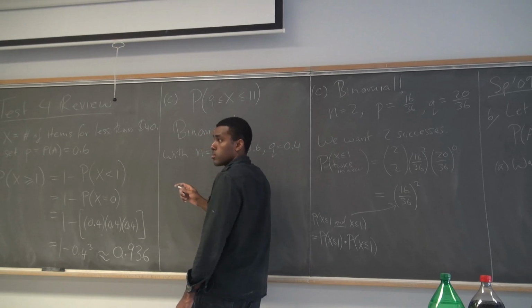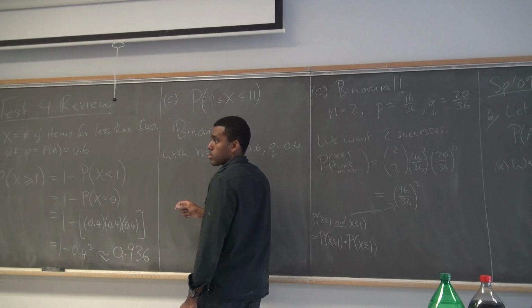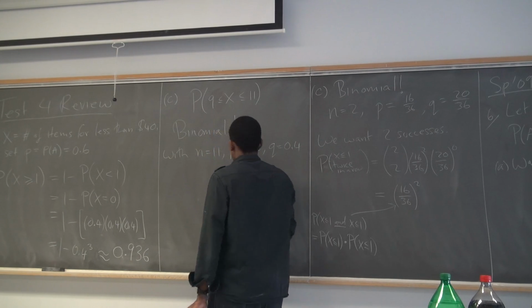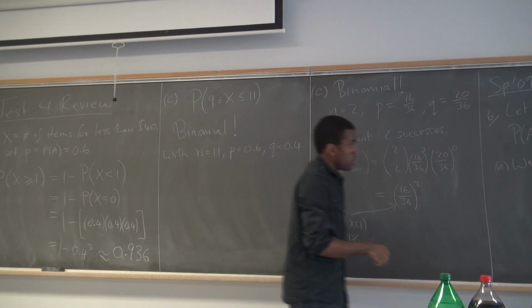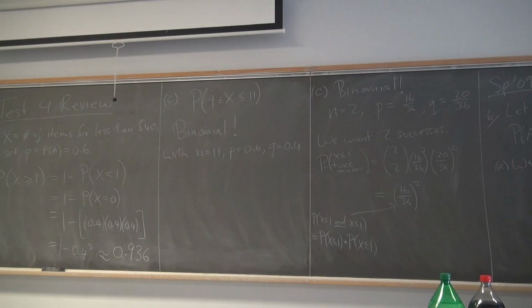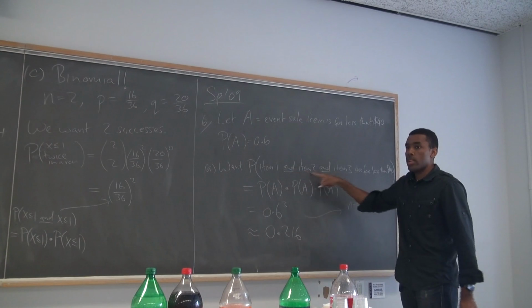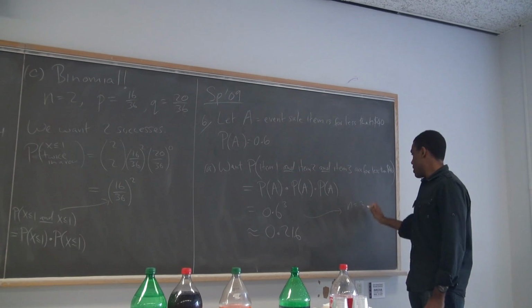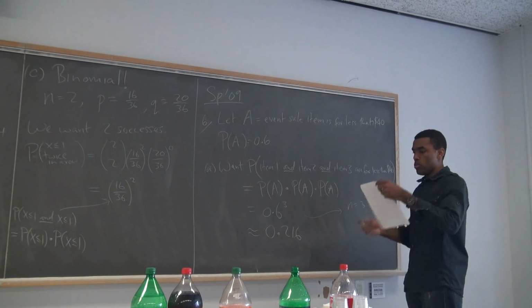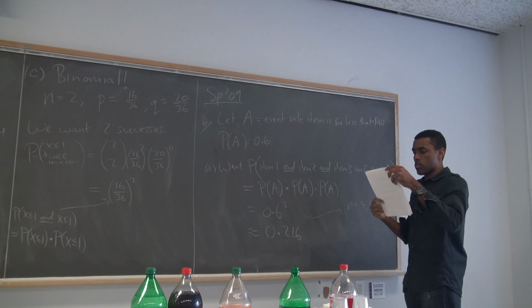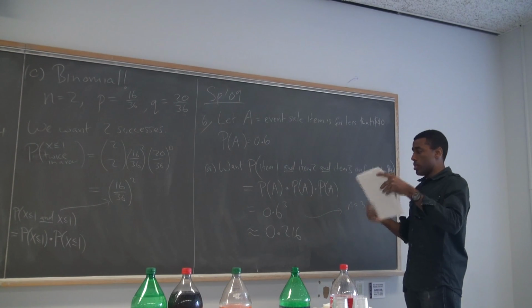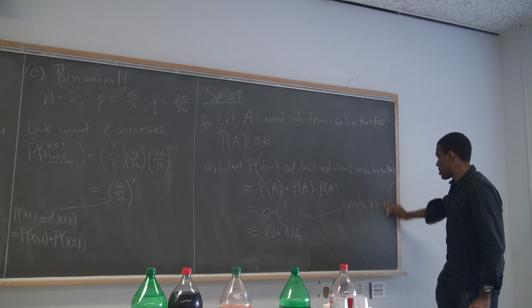And you had a question? Yeah, so if it's binomial for part A, what is it? Right, so if you did binomial for part A, you'd have n equals 3, because you're picking 3 items. And you'd want k equal to, what did they ask for? All 3, right, k would equal 3.